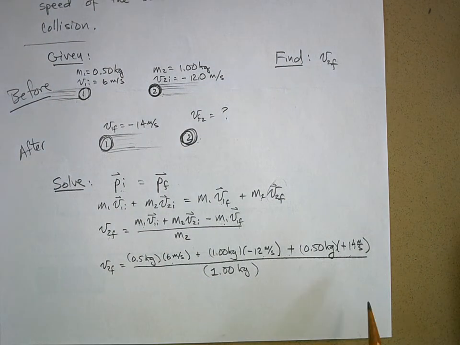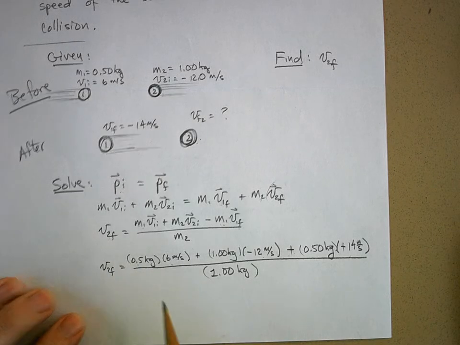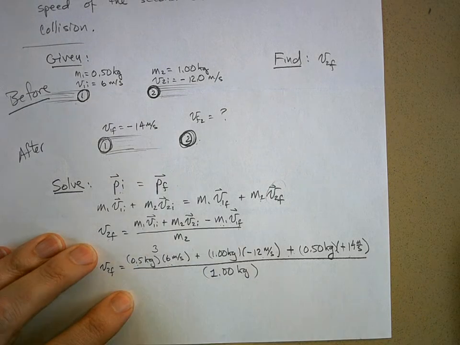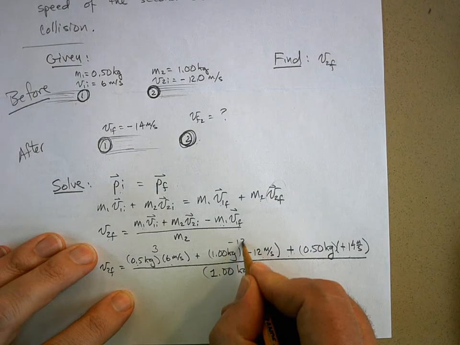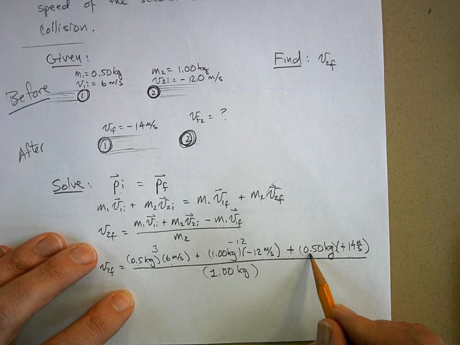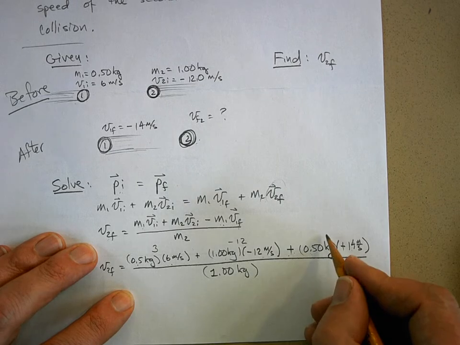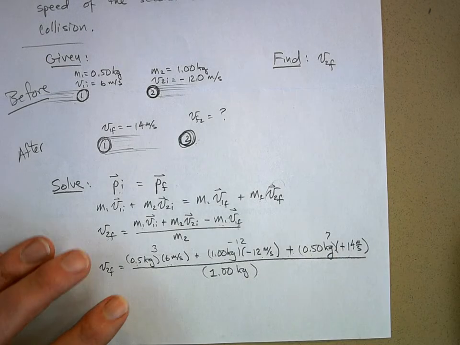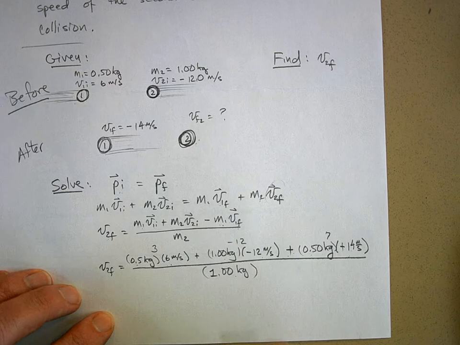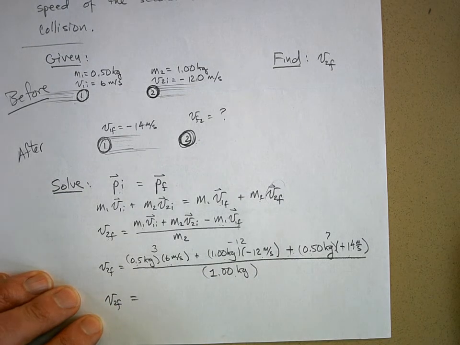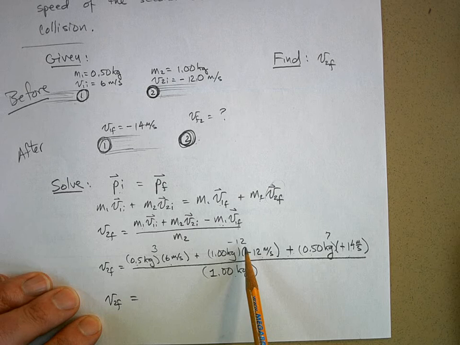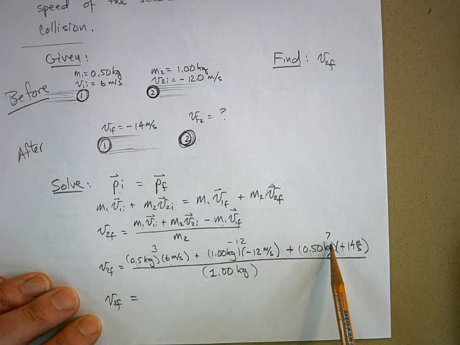I don't think I need to use my calculator here. What is 0.5 times 6? That's 3. What is 1 times negative 12? Negative 12. What is half of negative 14, with the minus sign? That's positive 7. And then I'm going to divide by 1. If you want to plug all that into your calculator, go for it. What is 3 minus 12? Negative 9. What is negative 9 plus 7? Negative 2.